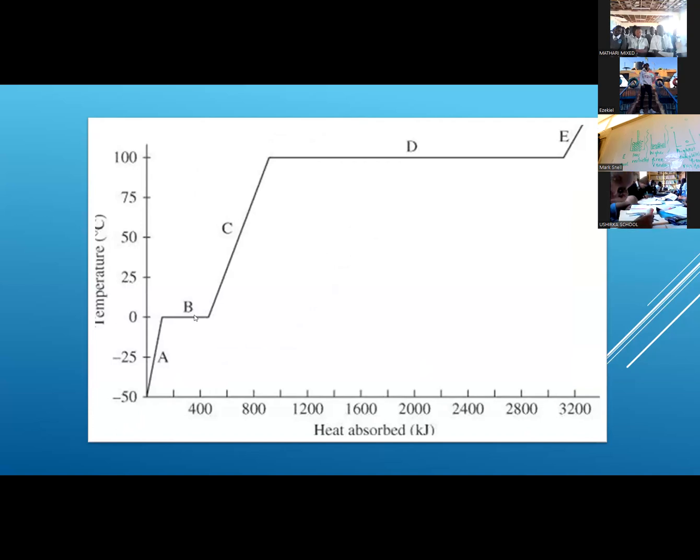It goes completely horizontal at 0. Now you know that the melting point of ice is 0, because we're going up. But what is interesting here is all the heat that goes into the ice does nothing apart from break the bonds in the ice.